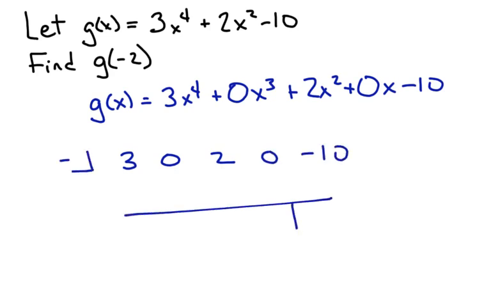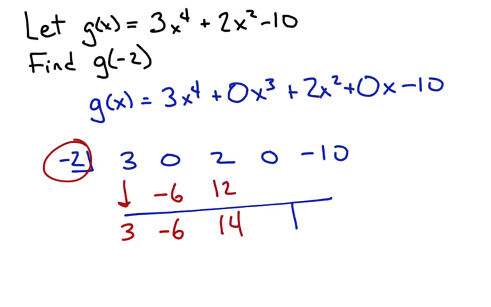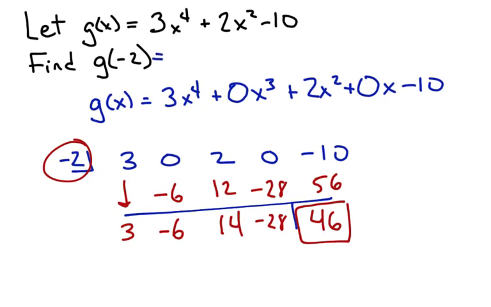We're going to substitute -2. So, bring down the 3. When we go diagonally, we're going to multiply by this -2, so that's -6, and add. Multiply by -2, and add. That means that g of -2 is going to equal 46.